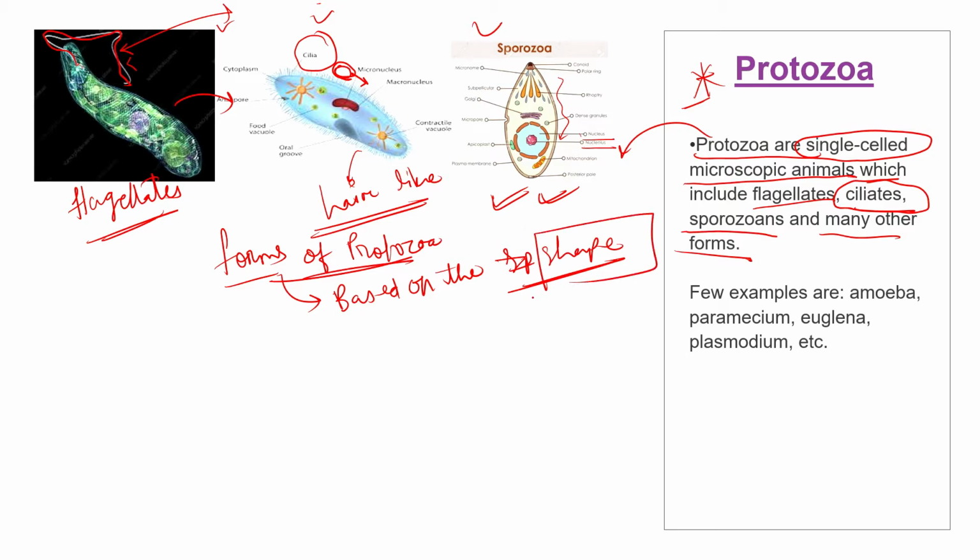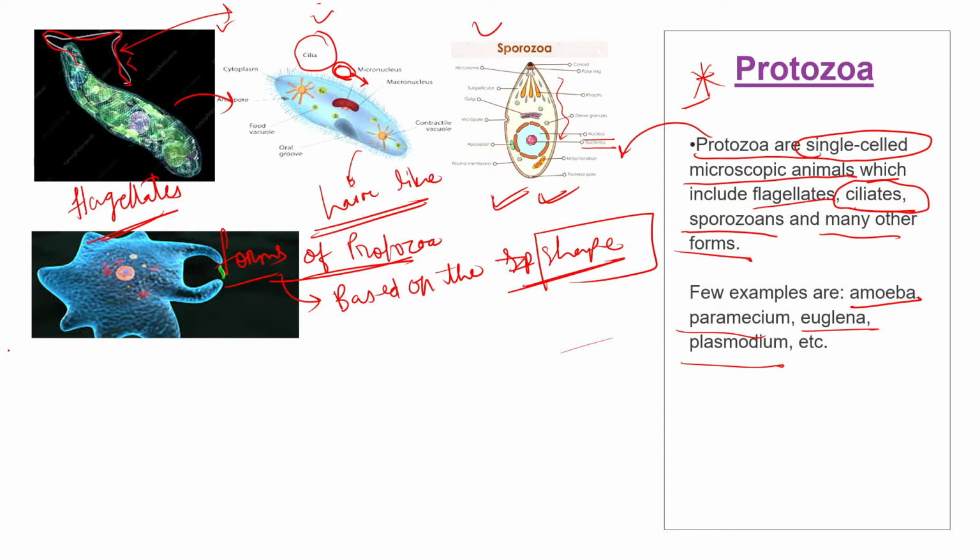Well, let us now look into the actual examples of protozoa. There are pretty many examples, but we are considering very common ones: amoeba, paramecium, euglena, plasmodium. Let us look at how they actually look.